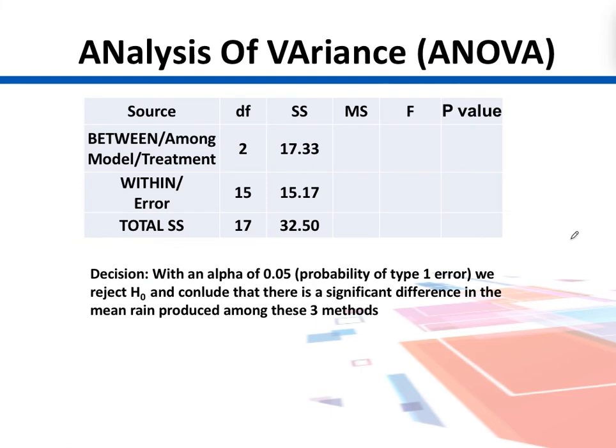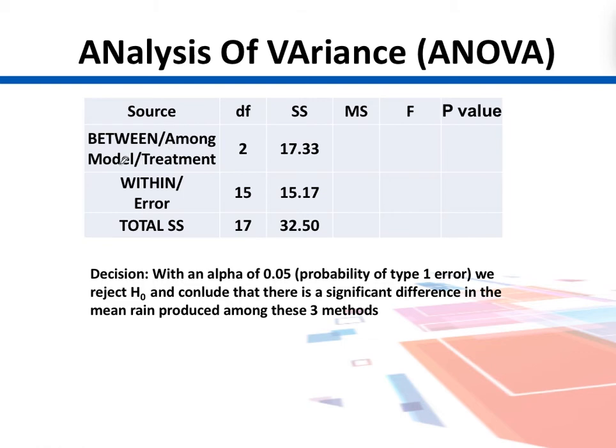Alright, so now we take all those sum of squares and all those degrees of freedom and put them in their respective rows. Each term is represented as a row in this ANOVA table. So we have the first column with the source, then degrees of freedom, sum of squares, mean square, F, and p-value.